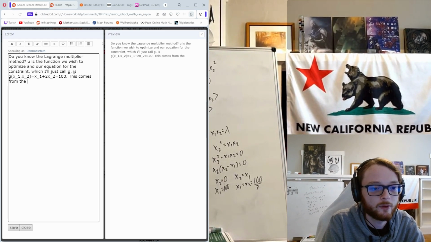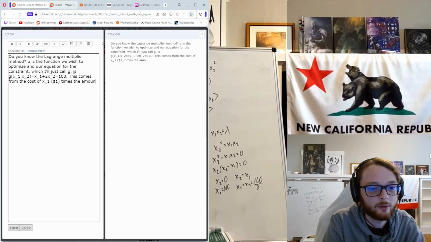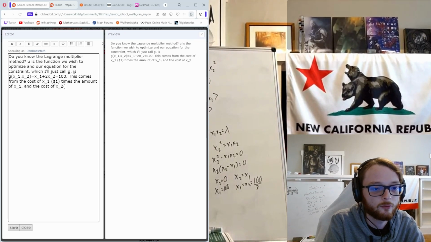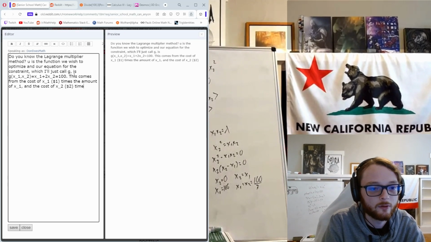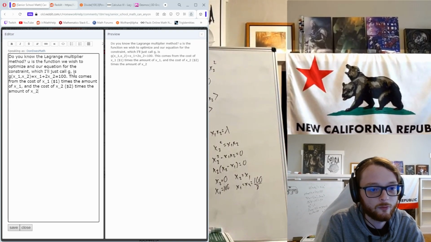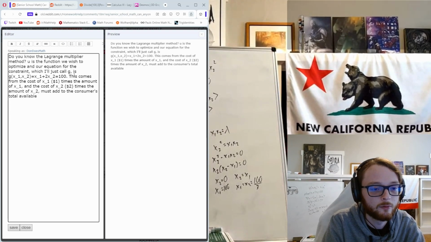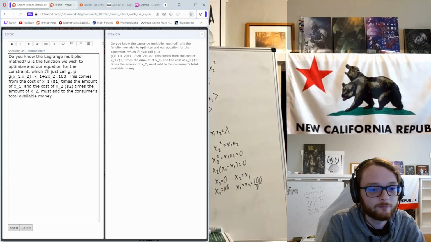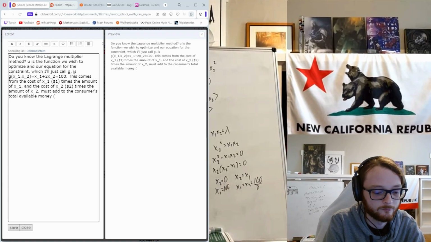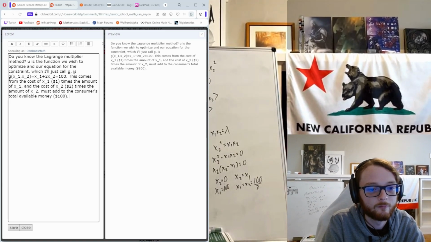This comes from the cost of x1, $1, times the amount of x1, and the cost of x2, $2, times the amount of x2, must add to the consumer's total available money, $100.